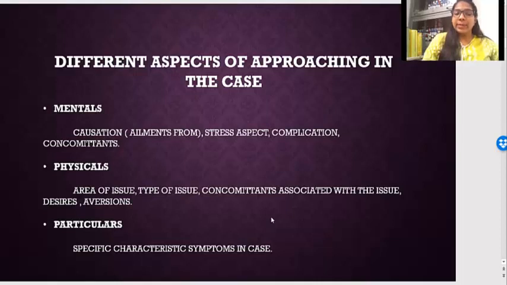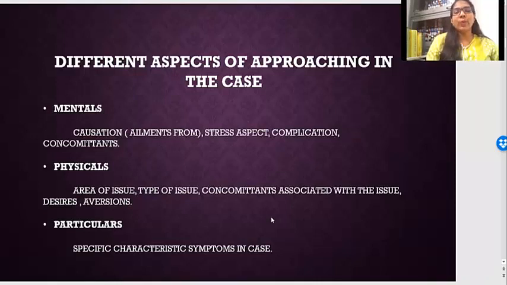Similarly, sometimes it happens that the patient comes to you with only specific characteristic symptoms, which are also called particular symptoms, right? For example, the patient comes with a problem of eructations while pressing the painful parts.